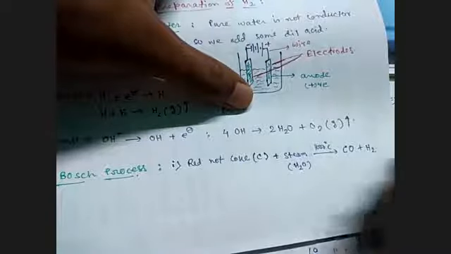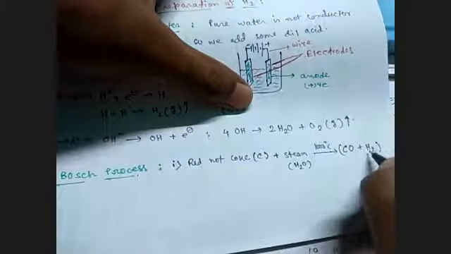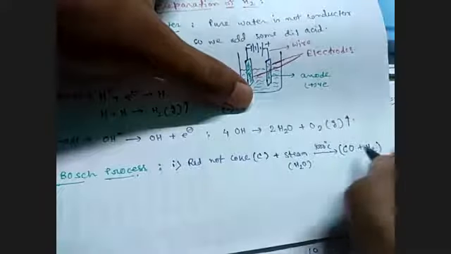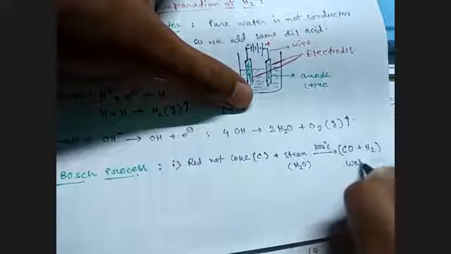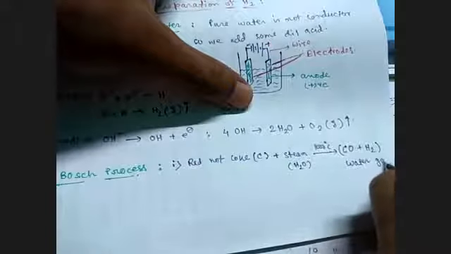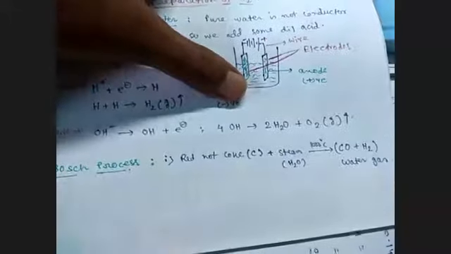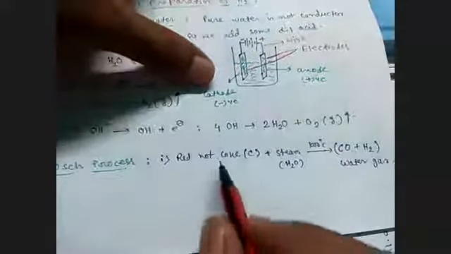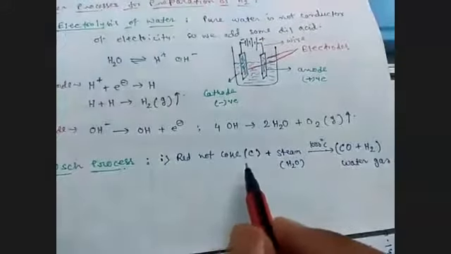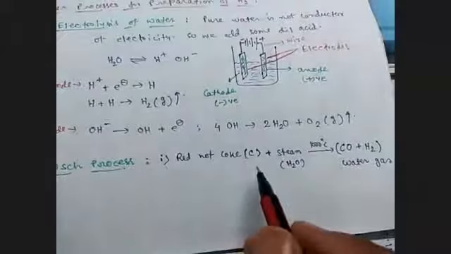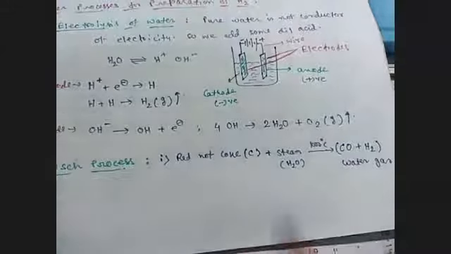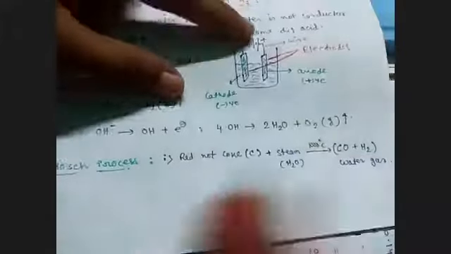This mixture of CO and H2 is called water gas. Remember, this is an MCQ question: what is water gas? At first, red hot carbon reacts with steam to give a carbon monoxide and hydrogen gas mixture. This mixture is called water gas.